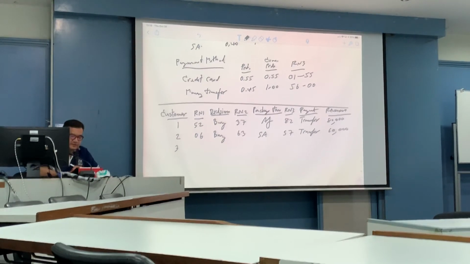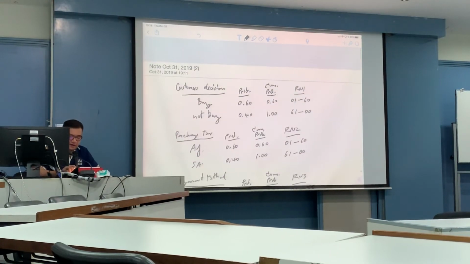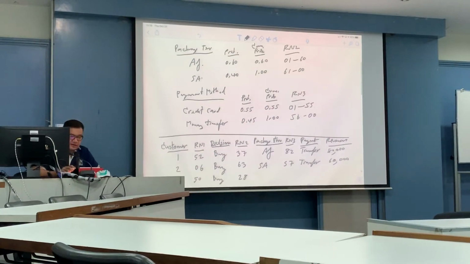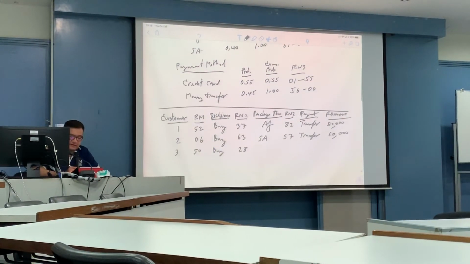For the third customer, from the first row we have 50. 50 is still in the range of 01 to 60, so the customer still buys. Which package? The next is 28. 28 is in the range of 01 to 60, still Africa.